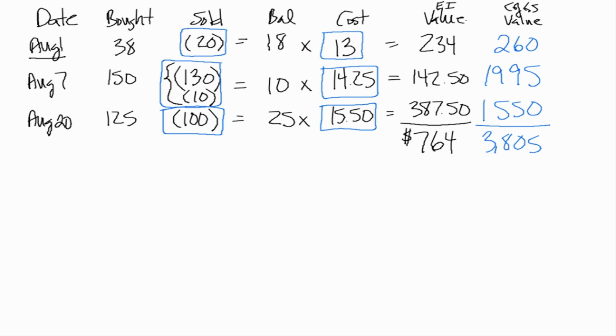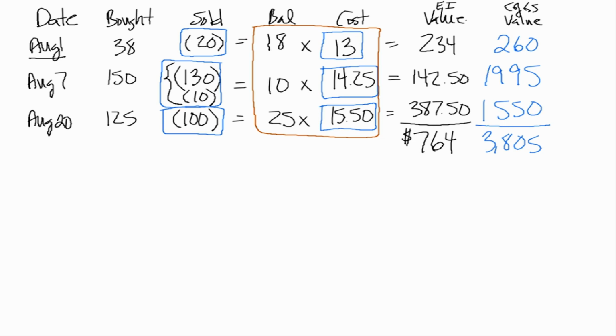This chart also tells me exactly how many units are left moving forward. So if I want for next year, or next period, I will know that there are 18 units at $13. So when I start my chart next period, I'm going to start August 1st.